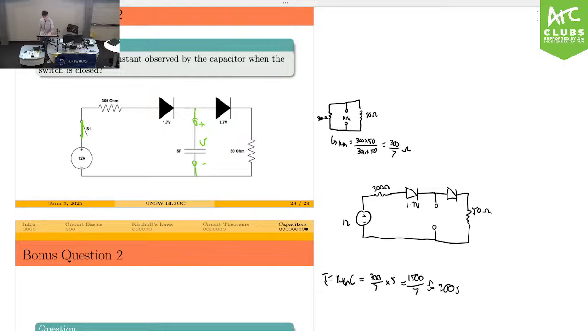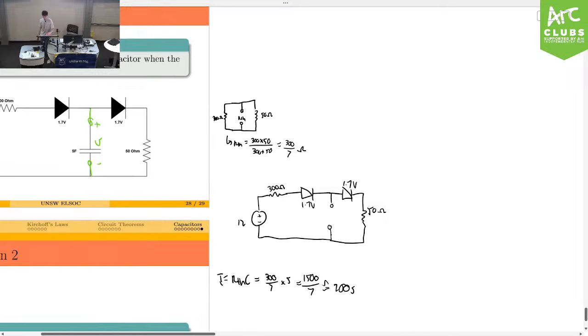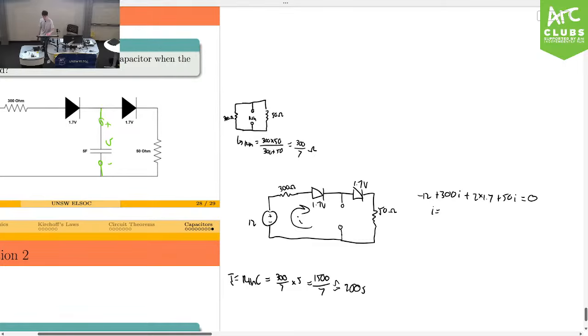So all you have to do is just do one mesh. Sorry, why did I do 1.7 ohms, 1.7 volts? So if you just do one mesh, you do minus 12 plus 300, we'll call this some sort of I, 300 I plus 2 times 1.7 plus 50 I is equal to 0. So you got some equation for I. I did calculate that earlier. I think the answer was 0.02. Yeah.